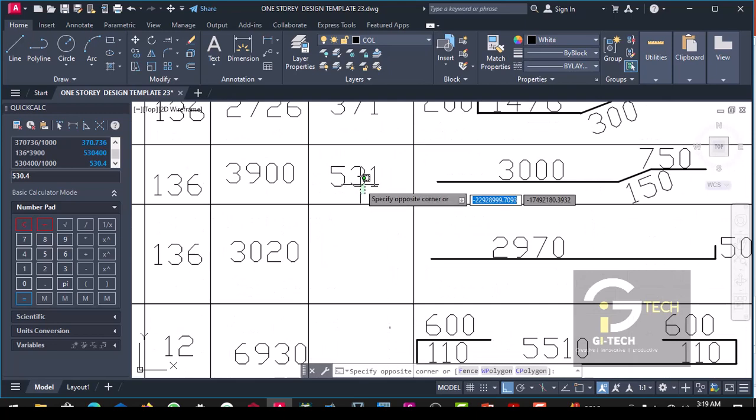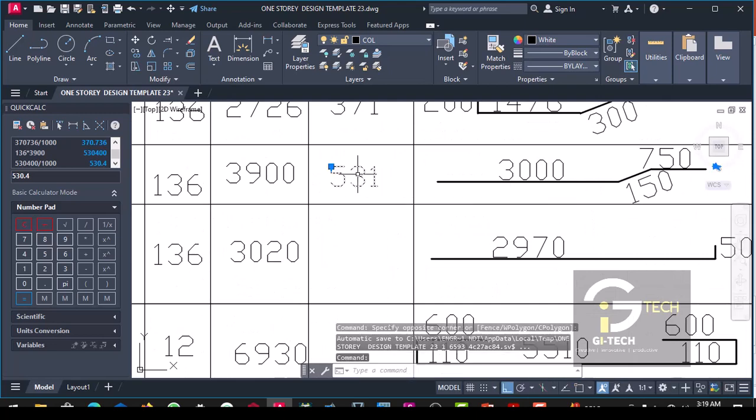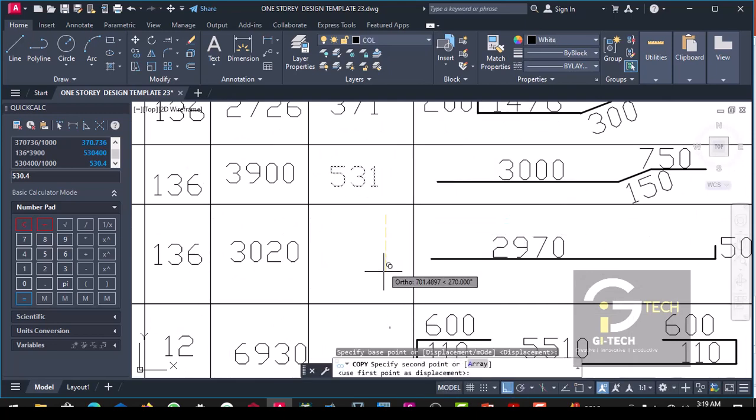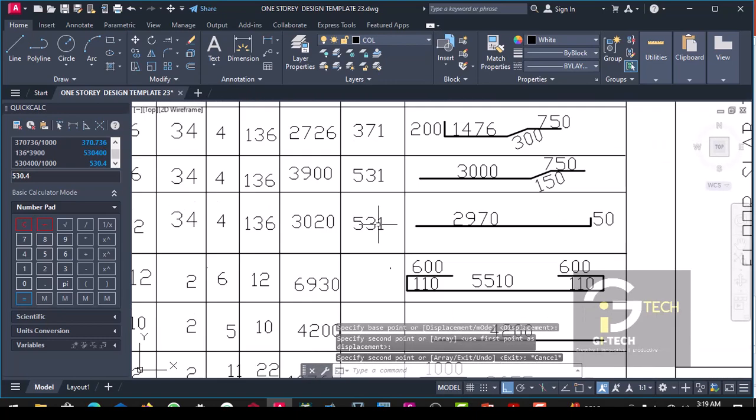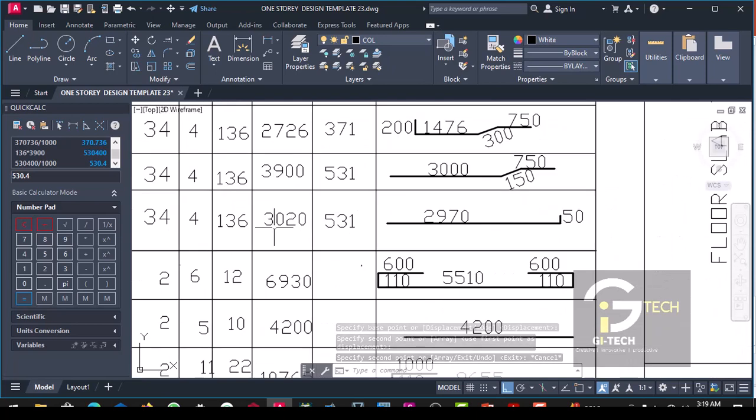So for us to get total quantity of reinforcement for the first floor column, we have to multiply this by this. So this will be 136 times 3020. So we divide this by 1000.